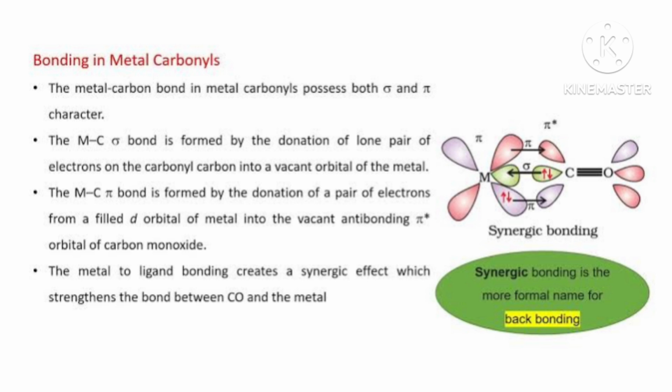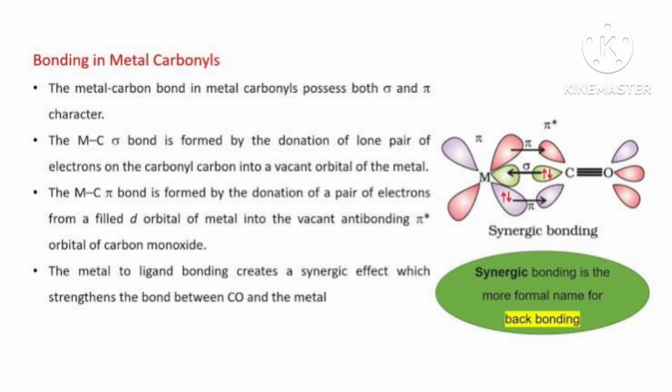This is tetrahedral. Another example is pentacarbonyl iron 0. This is actually trigonal bipyramidal. Its geometry is trigonal bipyramidal.